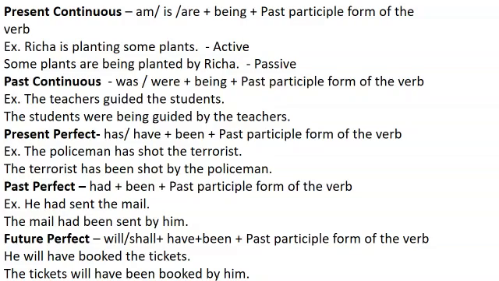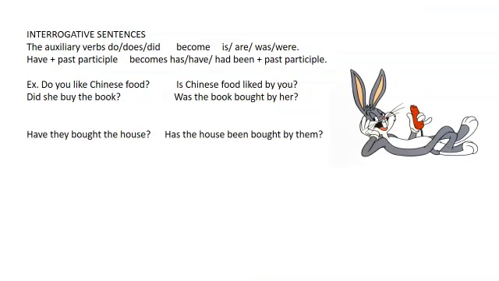When it changes into passive, it becomes the tickets will have been booked by him. Verbs in the future continuous and perfect continuous tenses cannot be changed into passive voice.